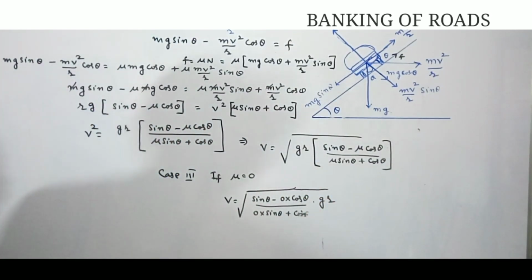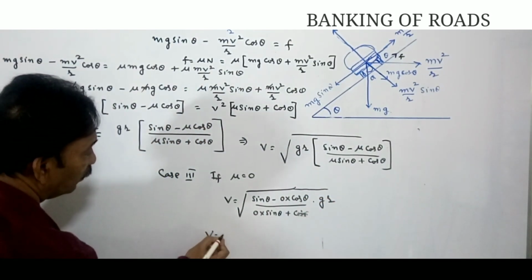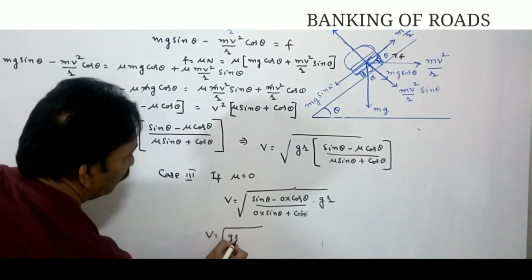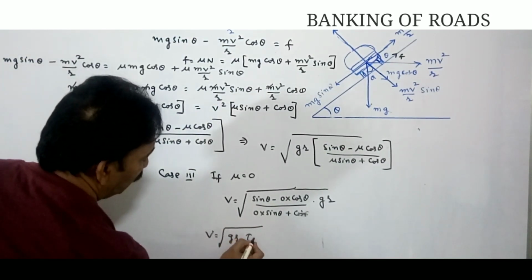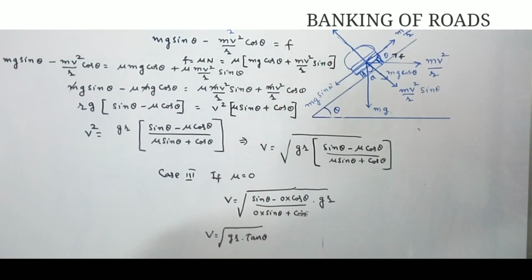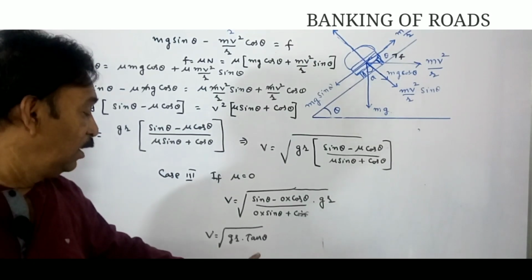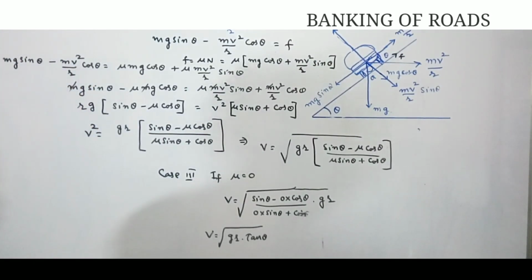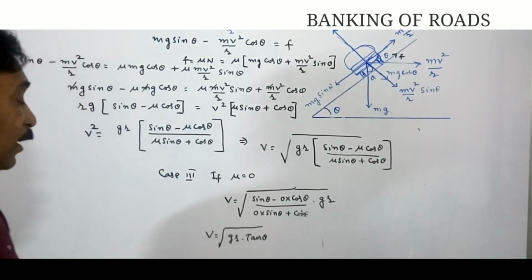Okay, students, and we get v is equal to under root of gr tan theta, where theta is the angle of banking.